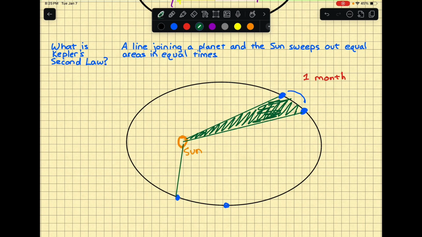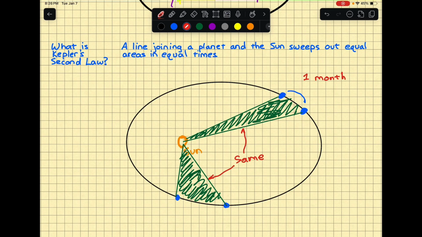You'll notice we're closer to the sun where I've drawn this, so these lines have to be shorter, which means in order for the 2 areas to be the same, this distance between the 2 planets has to be bigger. Can you see how this is a skinnier triangle than this one? Well, they have to have the same area.